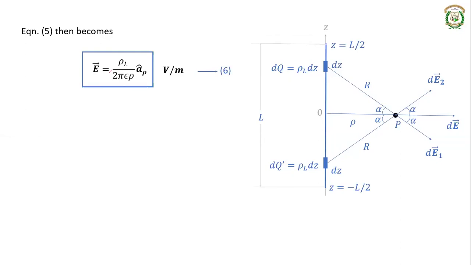A surface is nothing but collection of lines, right? If lines are arranged in a proper manner, you get a surface or a sheet of charge. So you take a line charge, integrate it over the surface, and you will get the electric field intensity due to a surface charge or infinite sheet of charge. Fine. So you try to do that, or else I will complete that in the next class.